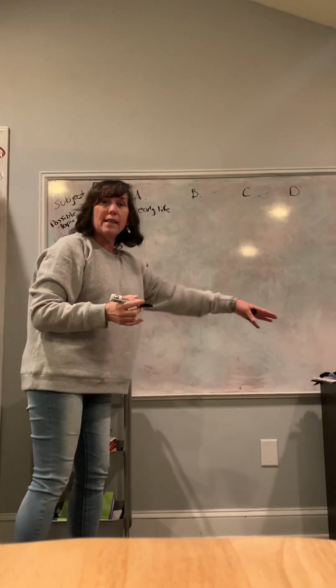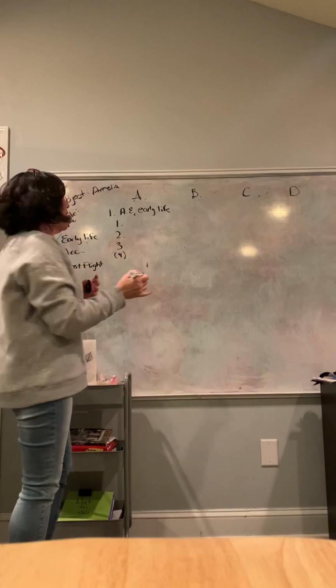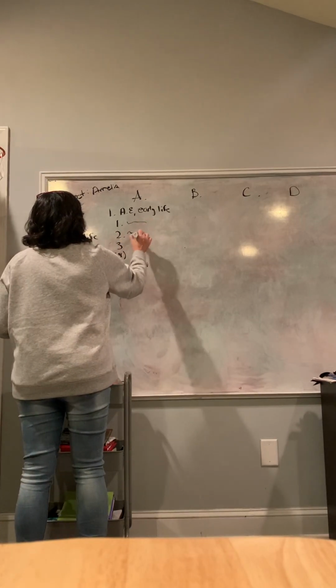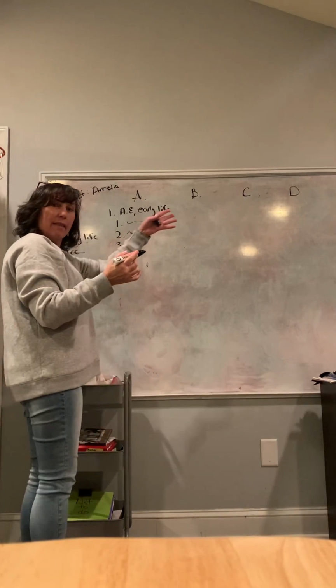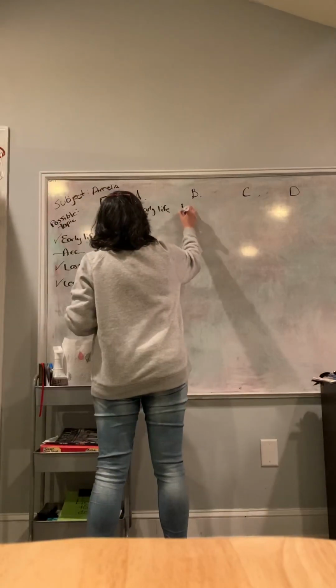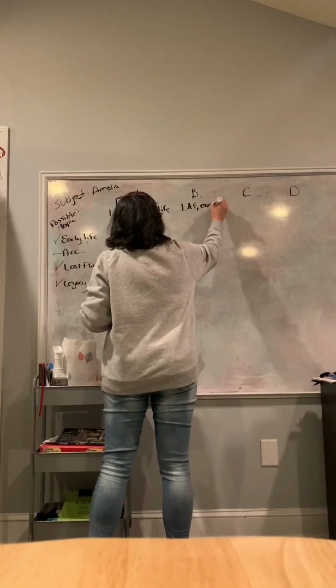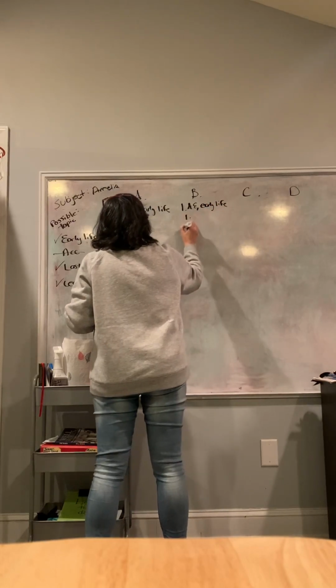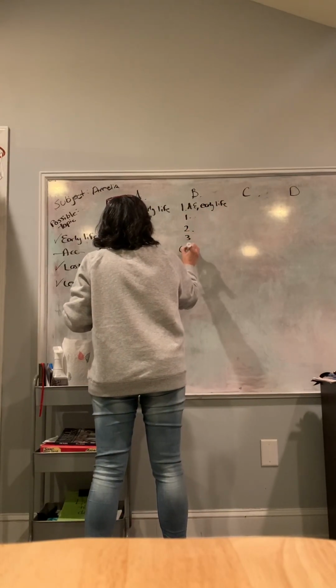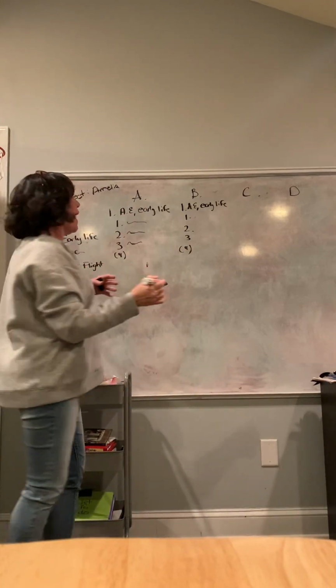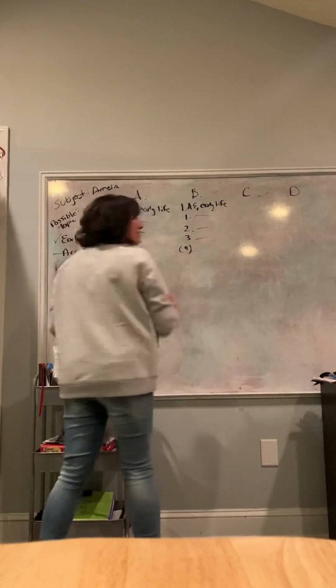So I go to source A and I find some facts that I like. And I write them here, here, and here. Then I go to source B. And once again, it's Amelia Earhart, early life. And I find 1, 2, 3, maybe 4 interesting facts. And I write them here.